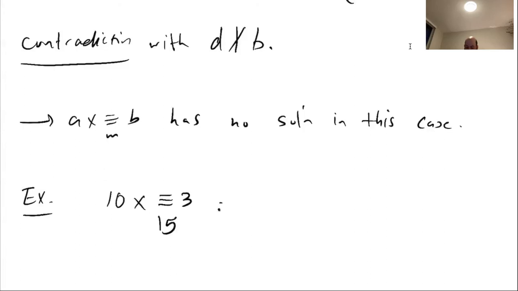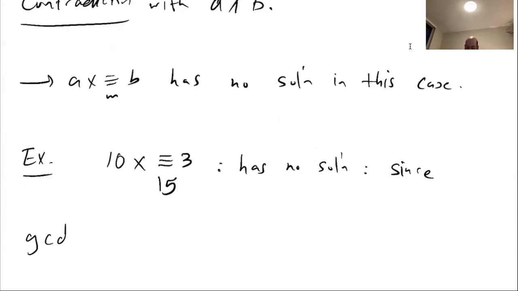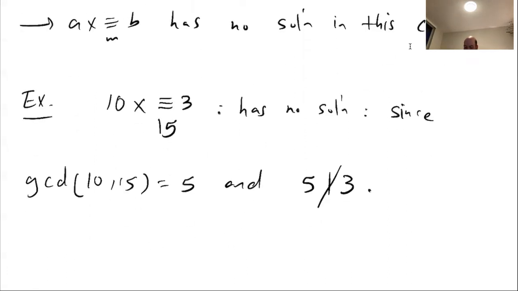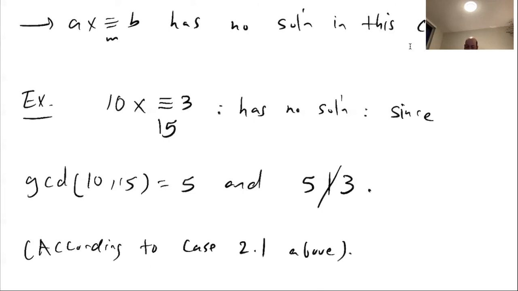So this one has no solution, since GCD of A and M, GCD of 10 and 15, is 5, and 5 does not divide 3. 5 is not a factor of 3. Therefore, we are in case 2.1, according to case 2.1 above. And therefore, this congruence has no solution.